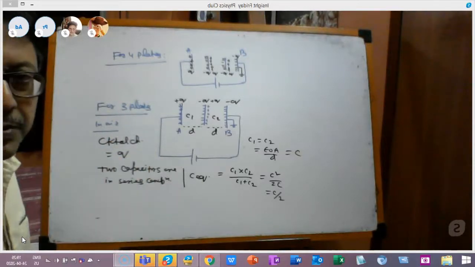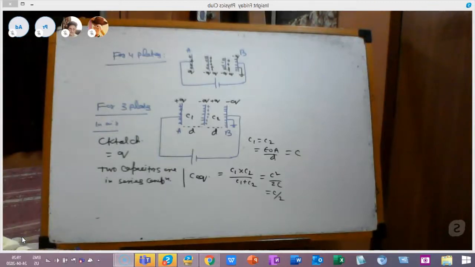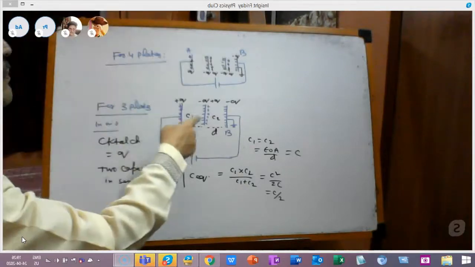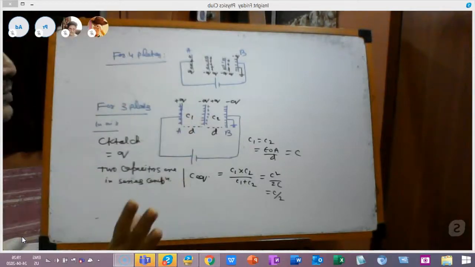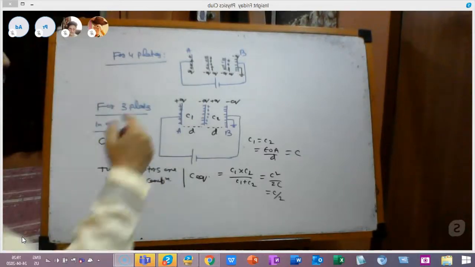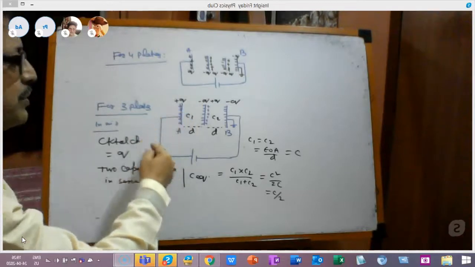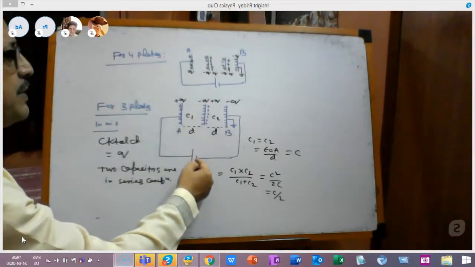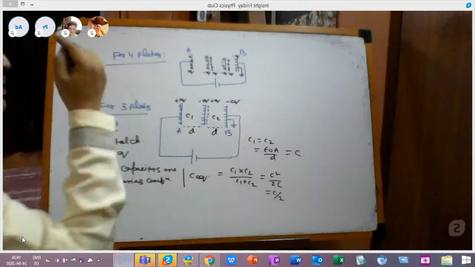This you should keep in your mind always to solve tricky sums here. This is an important thing: if it is free, not connected to any terminal, then its net charge will always be 0. And a plate connected to the positive plate will obtain positive charge, a plate connected to the negative plate will obtain negative charge only.